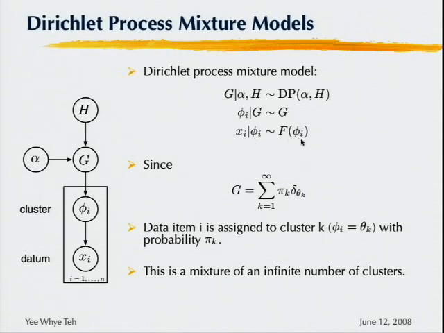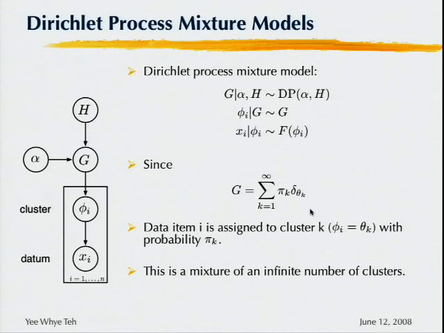Now, since G is a discrete distribution like this, that means that phi i is going to take on value theta k with probability pi k, right? That's the definition of a discrete distribution, basically.